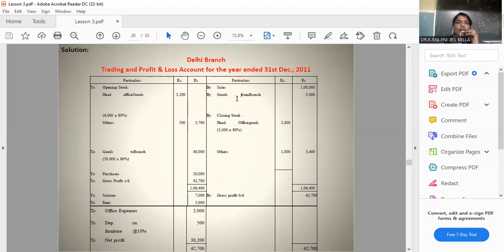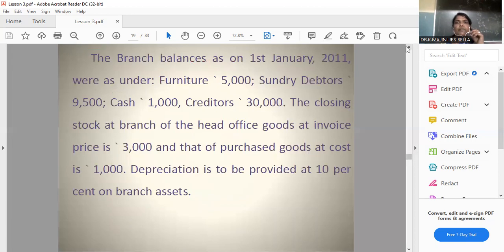Then we'll move to the profit and loss account. Office expenses, they have given 2,000 for office expenses. So you can write office expenses, 2,000, in the amount column. Then depreciation on furniture. Furniture value how much? See, the furniture value is 5,000, right?